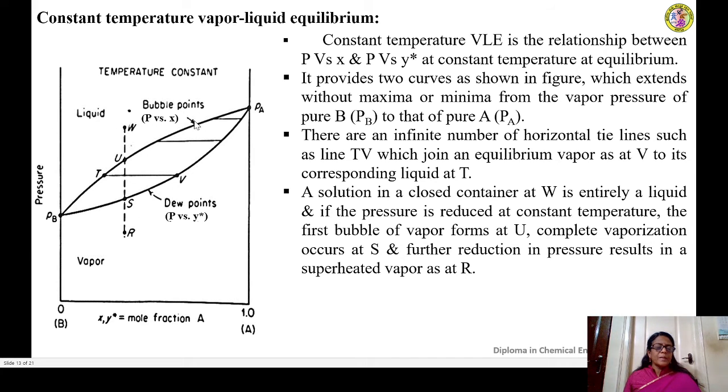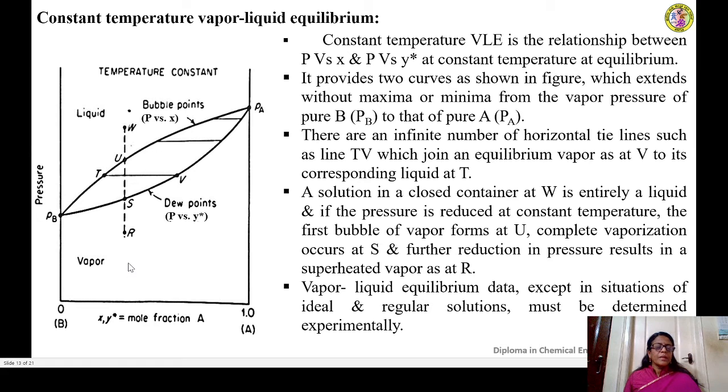So the upper area of the plot represents the liquid phase, the lower area represents the vapor phase, and the area between the two curves represents a mixture of vapor and liquid that are at equilibrium with each other. So this is what is known as the constant temperature VLE relationship, and this diagram, obtained by plotting pressure versus x and pressure versus y star, is called the constant temperature VLE diagram.